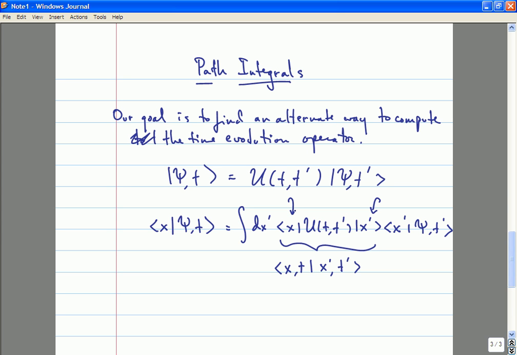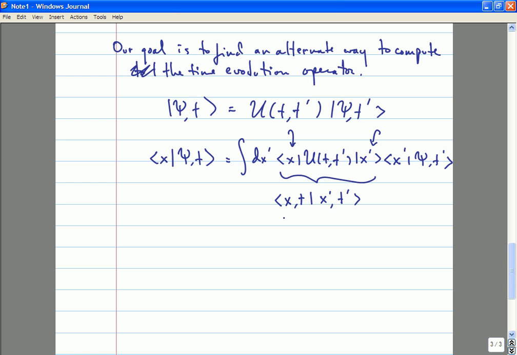And so the matrix element of the time evolution operator is simply the quantum mechanical amplitude for the particle which starts at a point x prime and t prime to end up at a point x at some later time t. Okay. And this is obviously a very important quantity, and in fact, it has a special name.